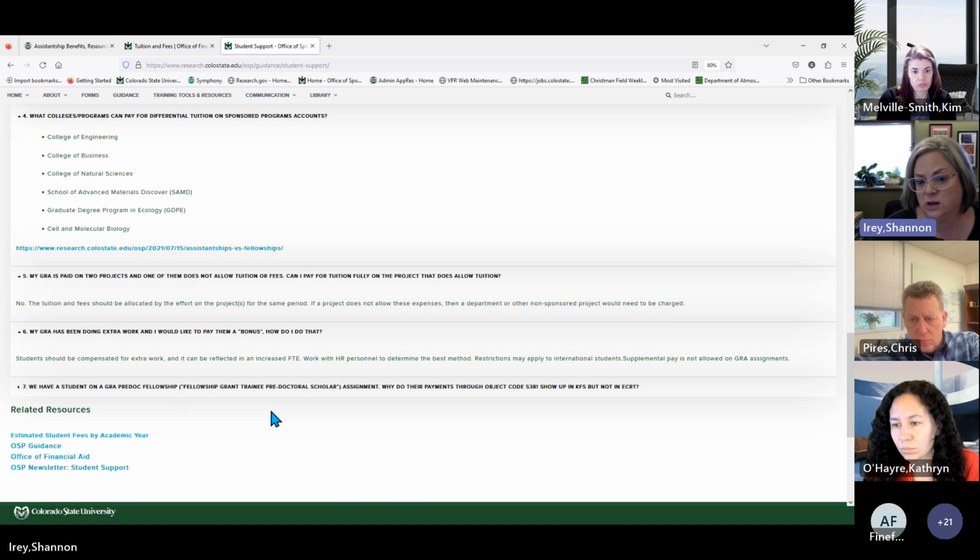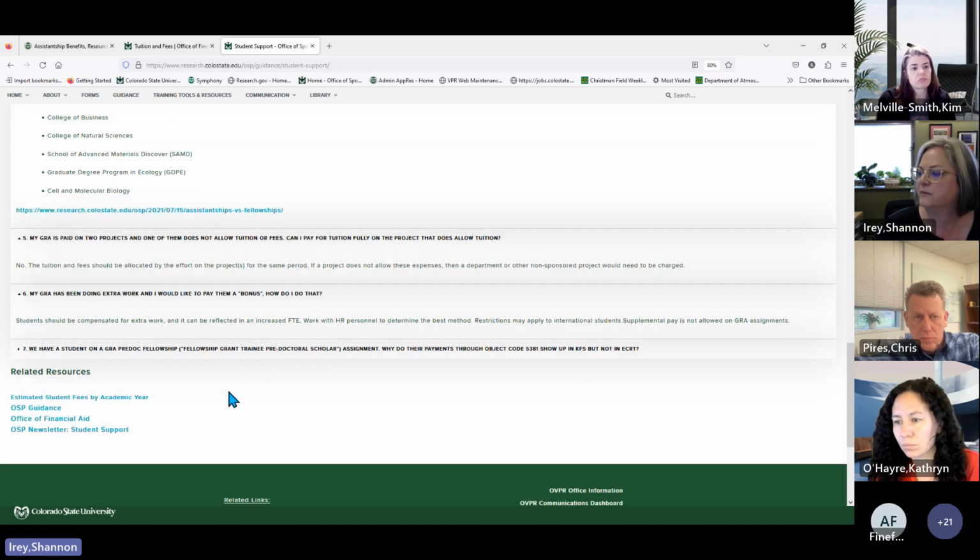But other GRAs could possibly have their FTE bumped up during the academic year, if you want to pay them a little additional for more work that they're doing. But just an FYI, supplemental pay is not allowed on GRA assignments.